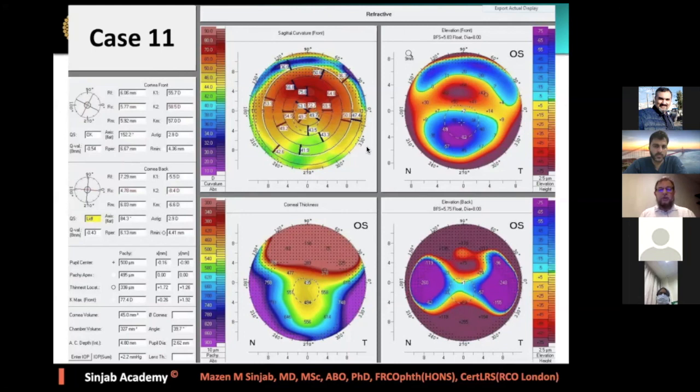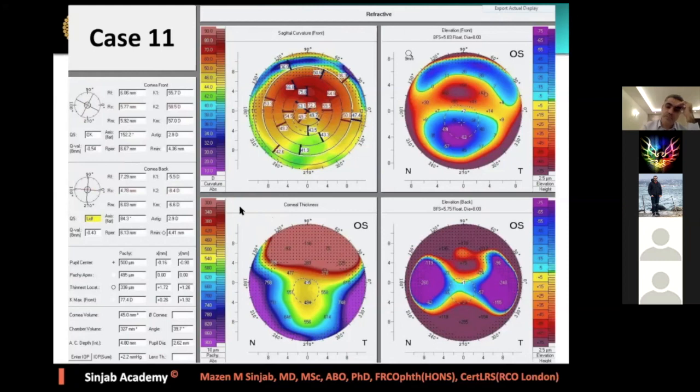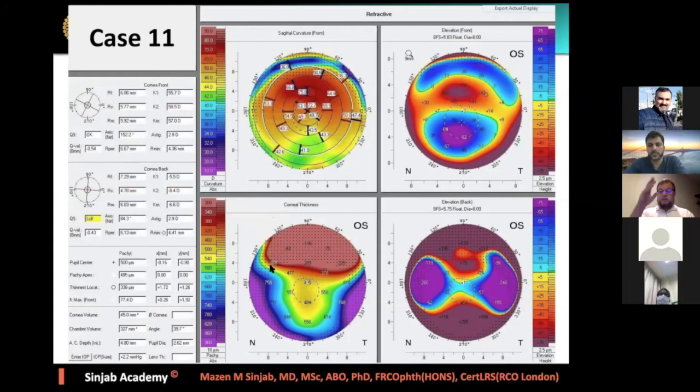Case number 12 is to show you superior pathology in the cornea. Previously, there was a thought that maybe there is a kind of PMD, a superior PMD, like a reversed, upside-down one.